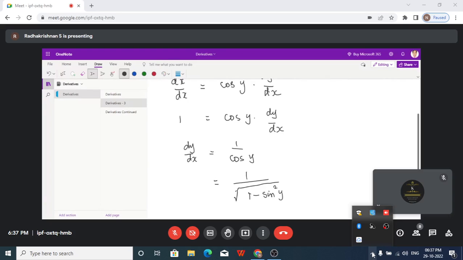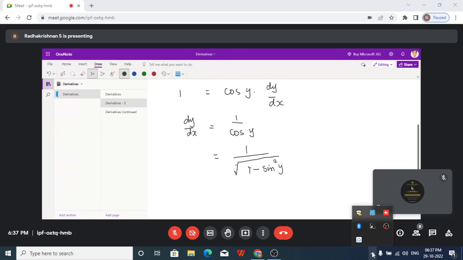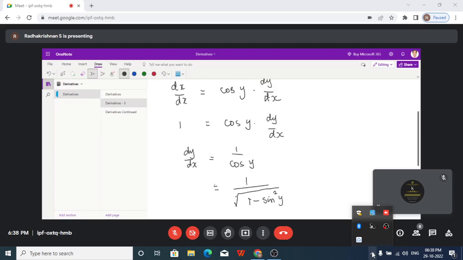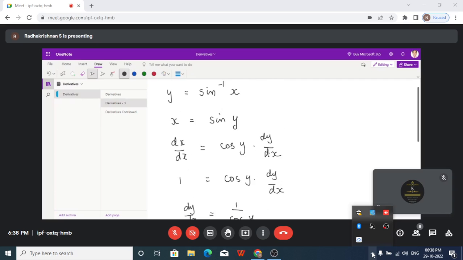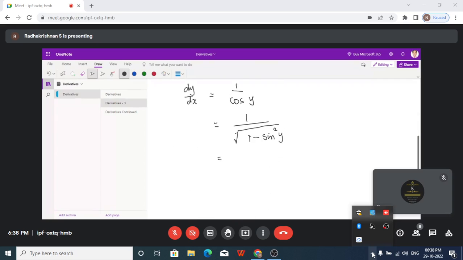So now we can write it like this: 1 by square root of 1 minus sine square y. But now sin y equal to x, right? Sin y equal to x. Yes. So that means this is equal to 1 by square root of 1 minus x square.